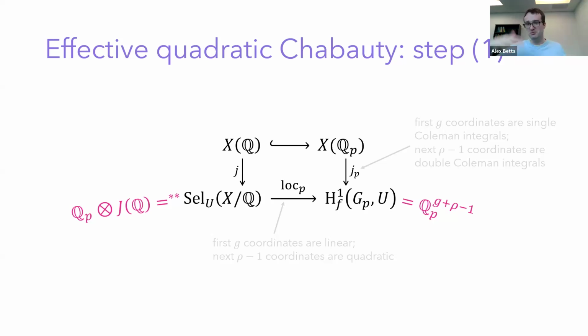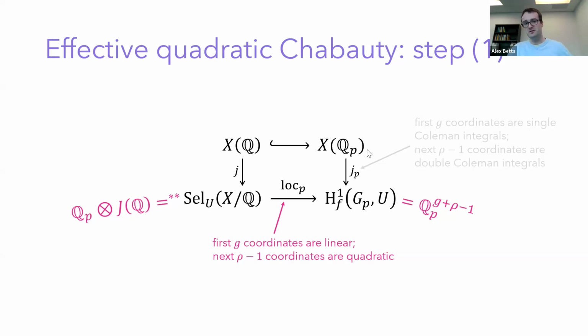It turns out that with a nice choice of coordinates, the first g coordinates of the localization map are all linear, and the next rho minus 1 coordinates are just quadratic functions on the Mordell-Weil group. When you unpack all of this, these quadratic functions are related to global height pairings. I'm going to suppress that viewpoint mostly here.